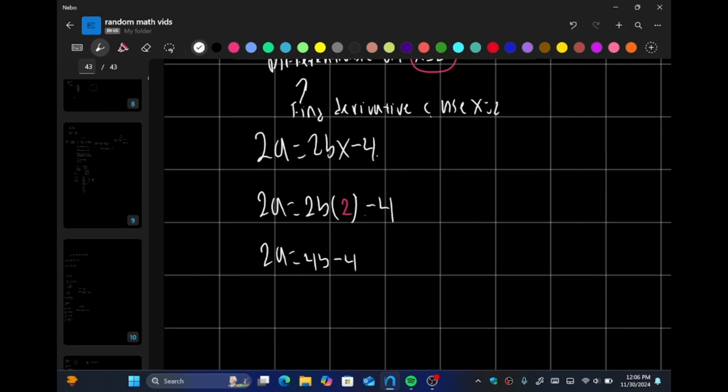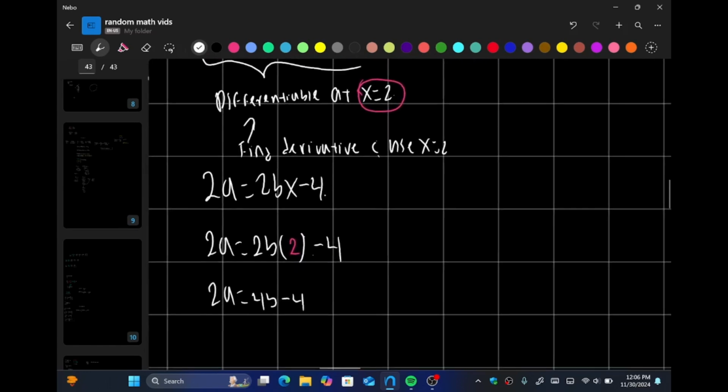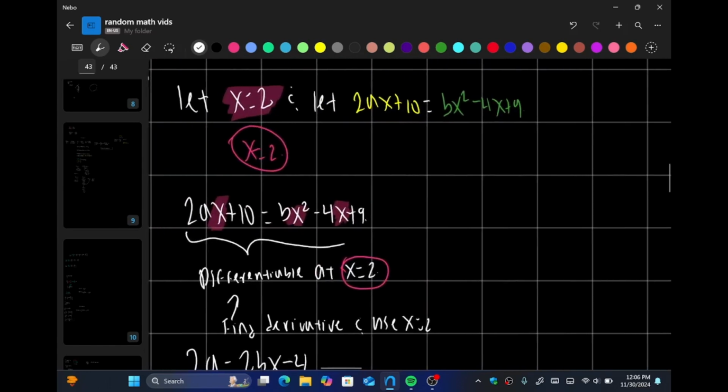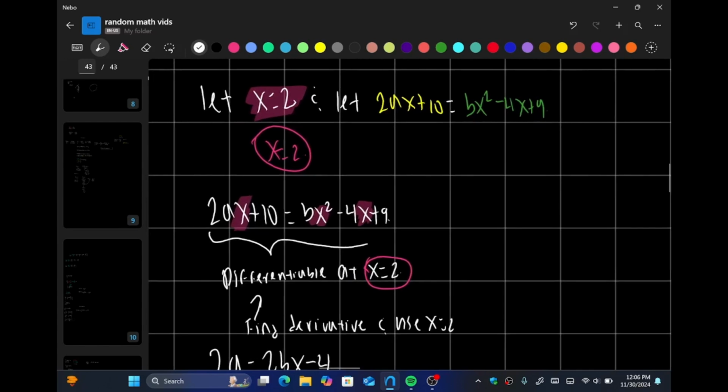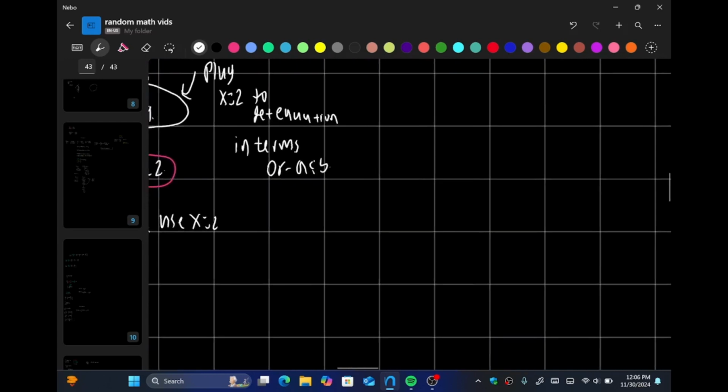And then, since we're going to do a system of equations over here, we also need to plug in x equals 2 to this one, to get an equation in terms of a and b.